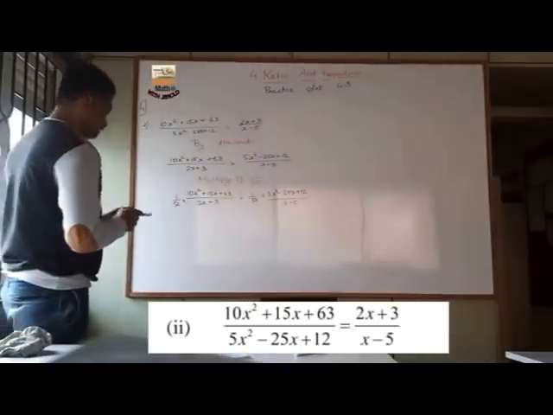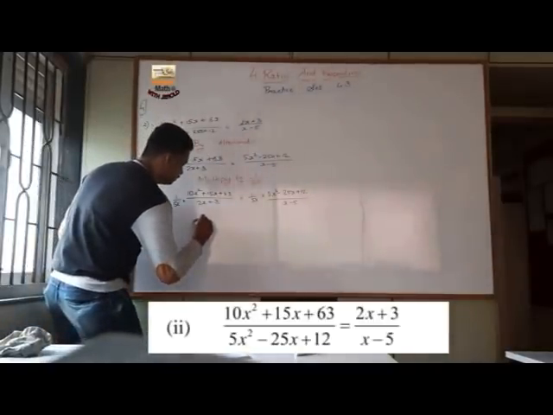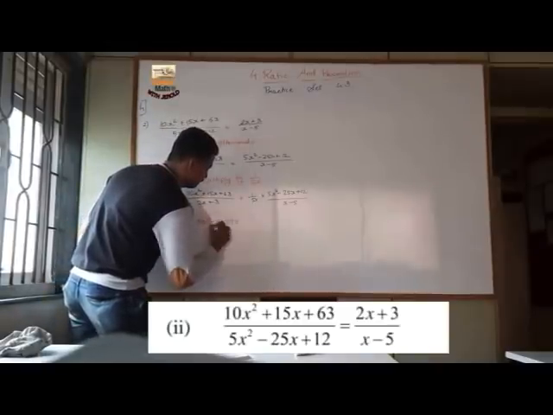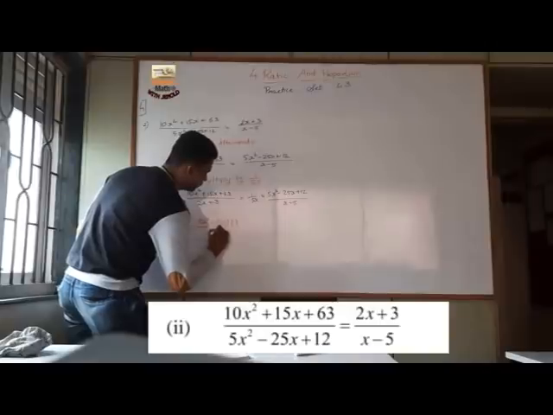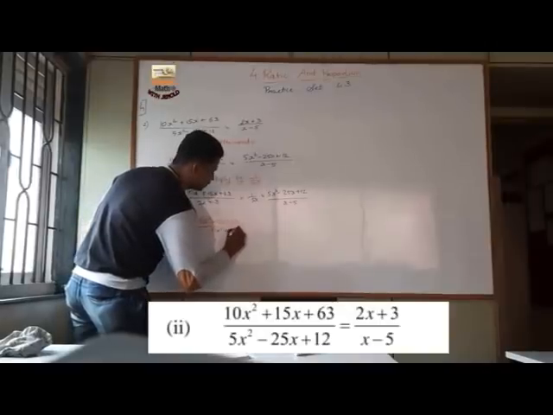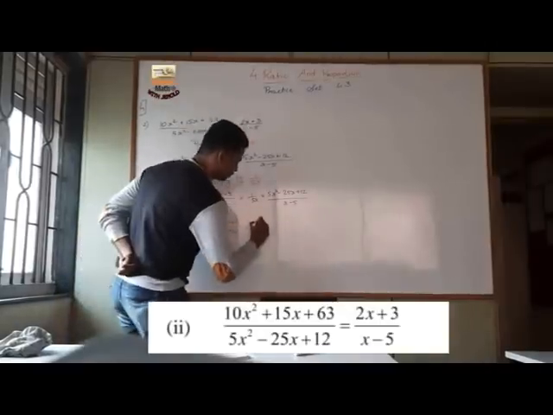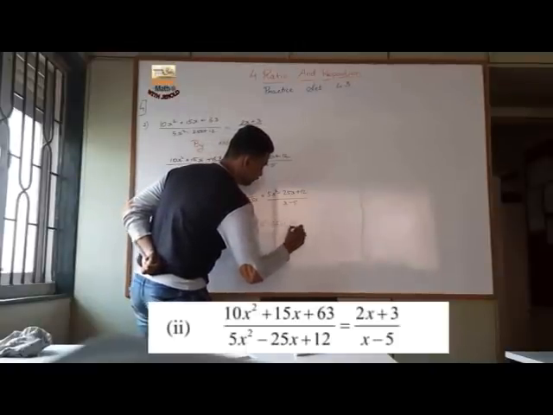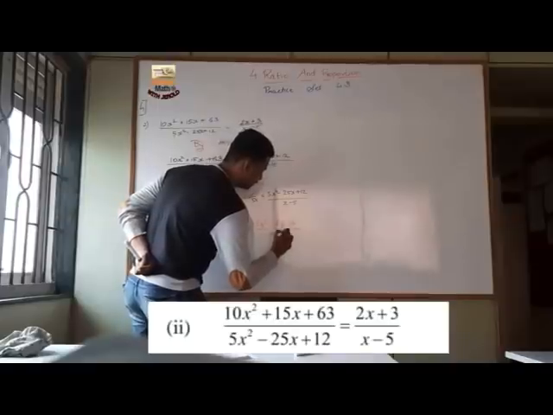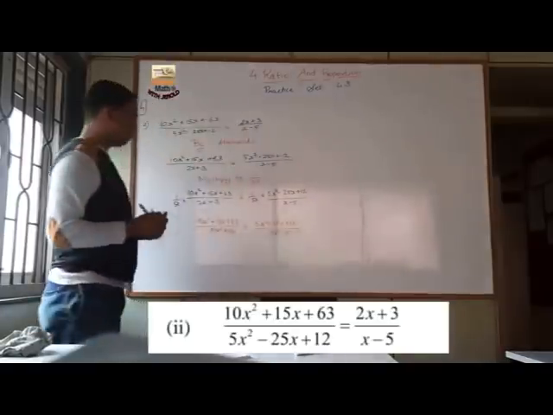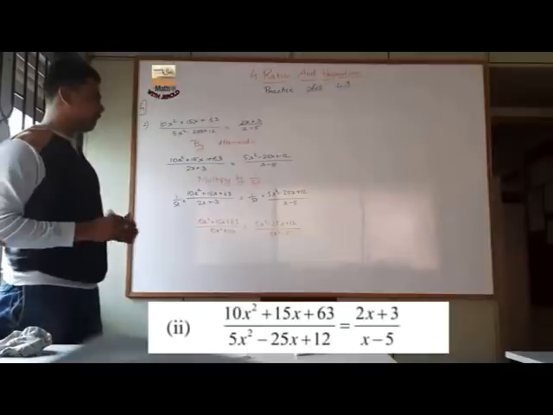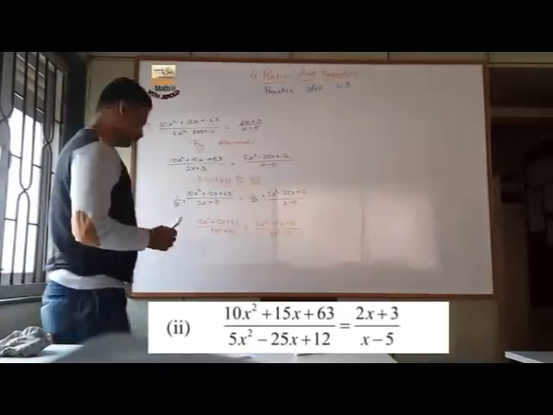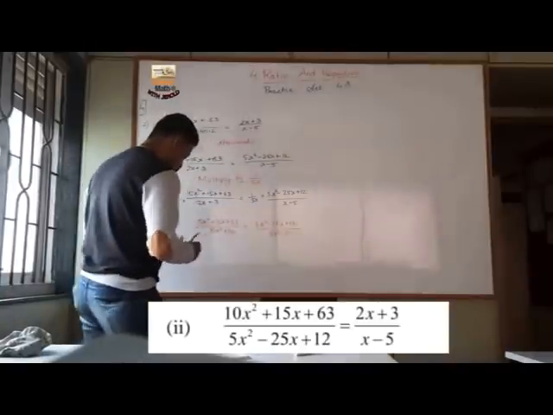Multiplying by 5x, I have the numbers as 10x squared plus 15x plus 63 divided by 10x squared plus 15x is equal to 5x squared minus 25x plus 12 divided by 5x squared minus 25x. Now I can do the dividendo as we did in the previous sum, and a similar type of sum will get solved. Let's see what we can do.